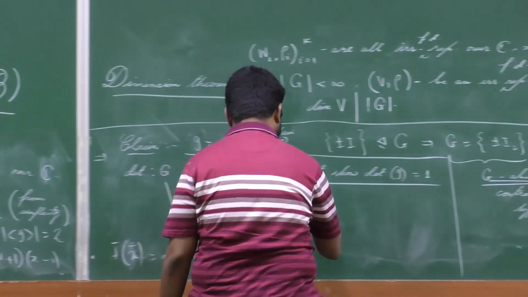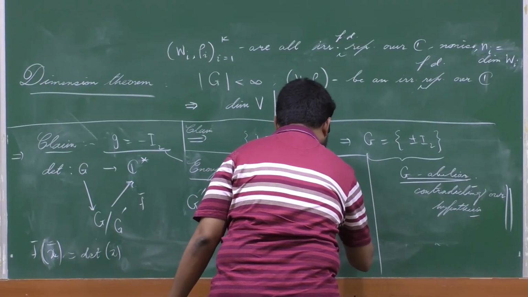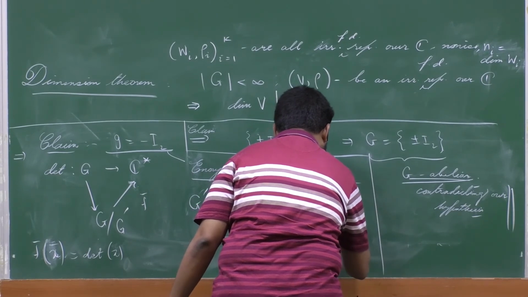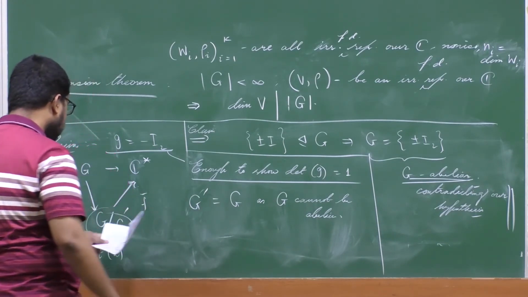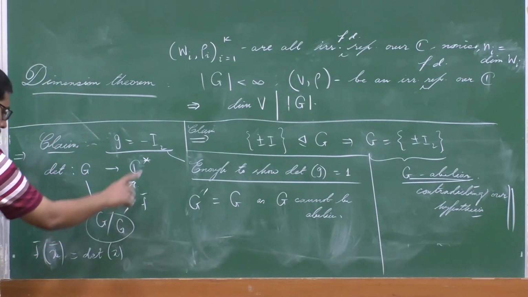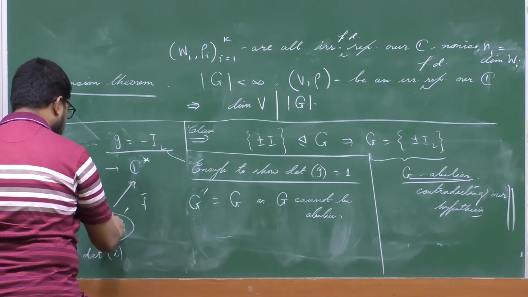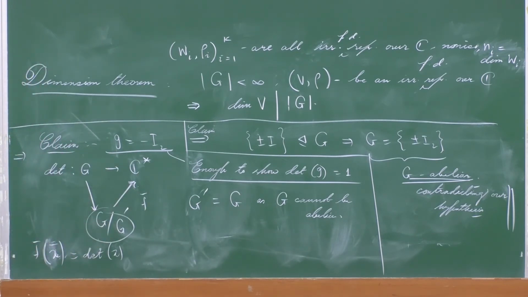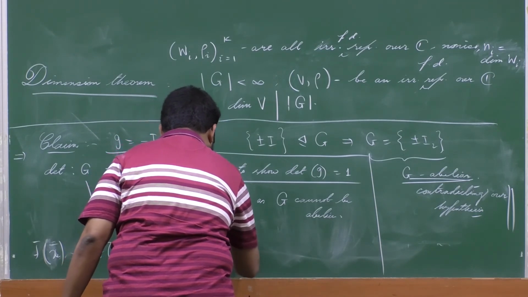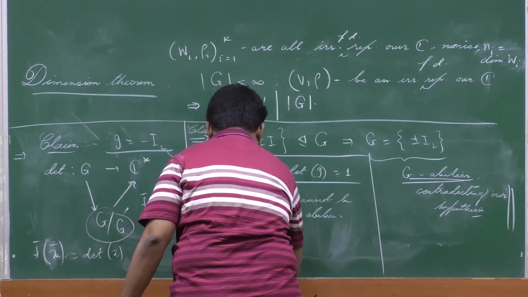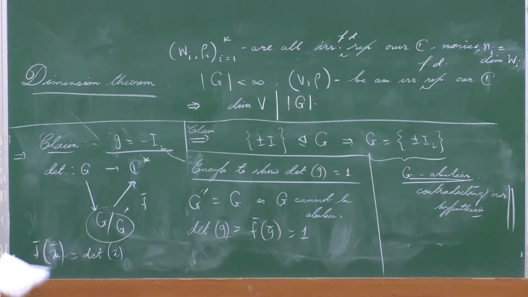So G prime has to be G. Therefore G modulo G prime is actually the trivial group. So if we start with anything here, it has to go to 1. So determinant of G is thus f bar of G bar, and since this is a trivial group, this has to be 1. Thus, we are done.